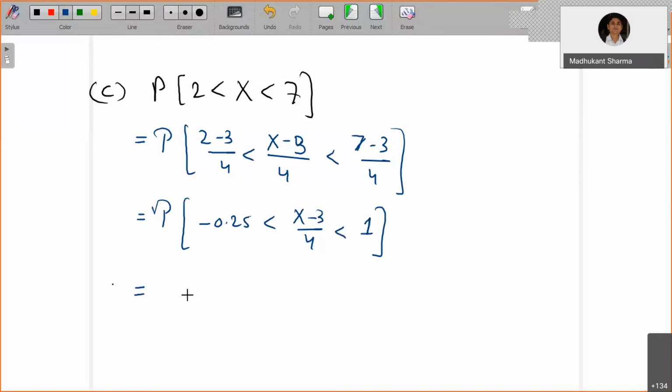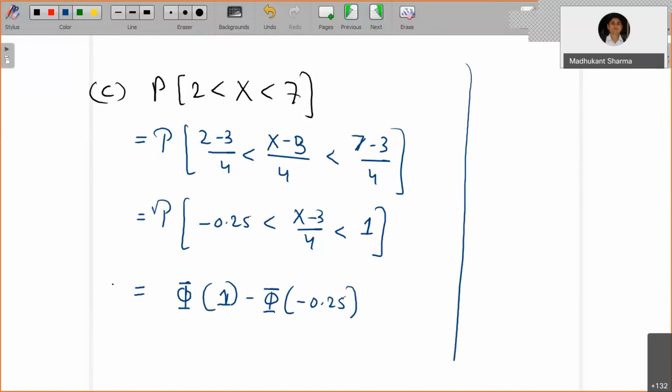I hope this can be recognized. That is going to be phi of 1 minus phi of minus 0.25. If you recall, what is the probability of a less than X less than b whenever X is a continuous random variable? That's going to be F_X(b) minus F_X(a). Here X is a standard normal variate, so standard normal distribution.